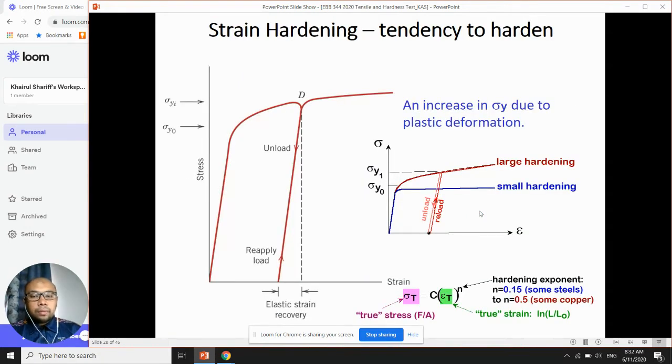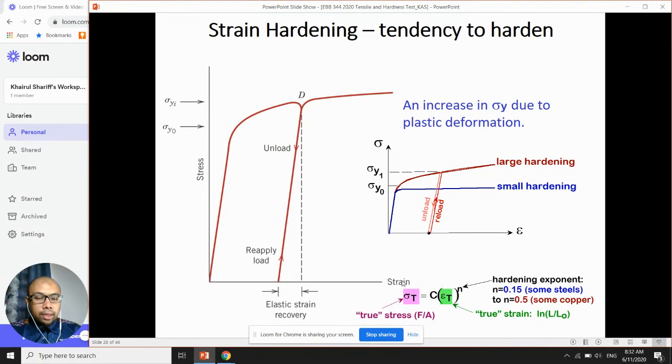Now I want to talk about strain hardening. Strain hardening means the tendency to harden. I want to attract your attention here: this question was quite popular in past years' tests as well. You need to understand how to use the strain hardening equation.